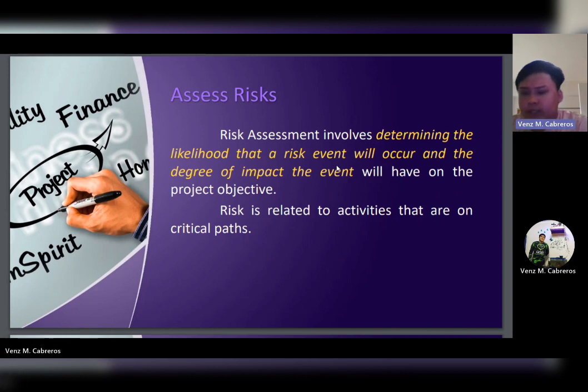So risk is the process to identify the potential hazard. Risk assessment is the process to identify the potential hazard and analyze what could happen if a hazard occurs. So risk is related to activities that are on critical paths.